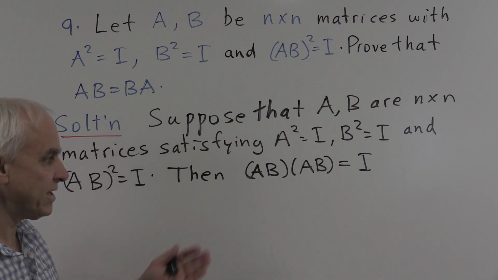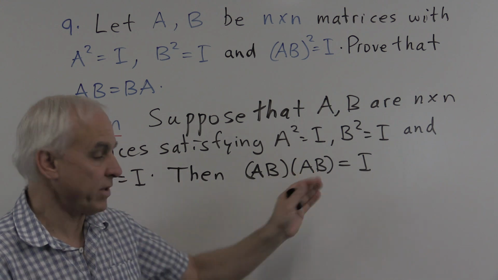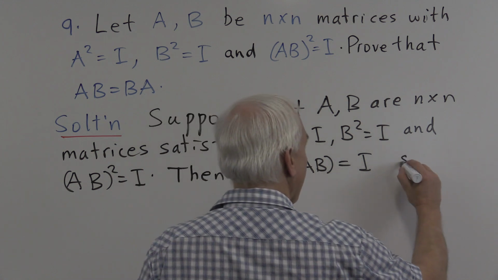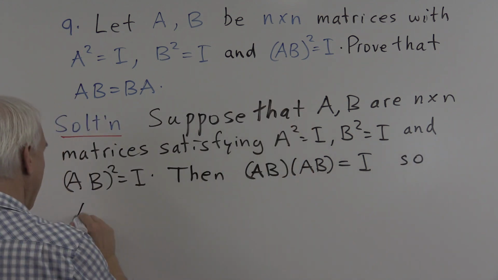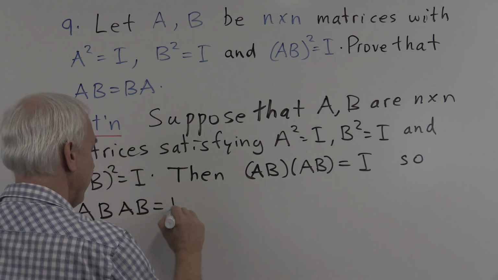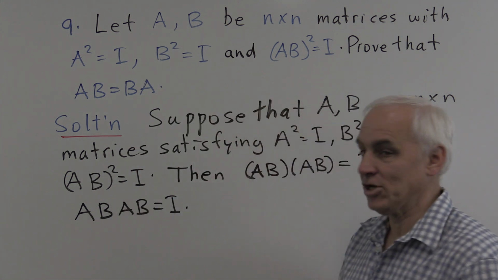And since matrix multiplication is associative, we can rewrite this without the brackets. The brackets are not really necessary. So we will write it as ABAB equals the identity.